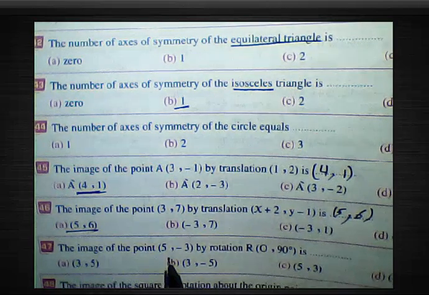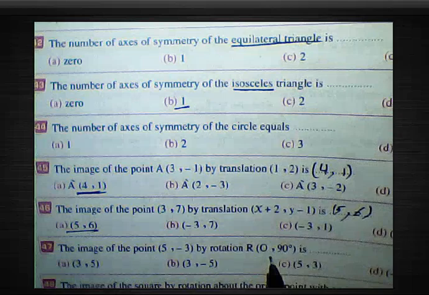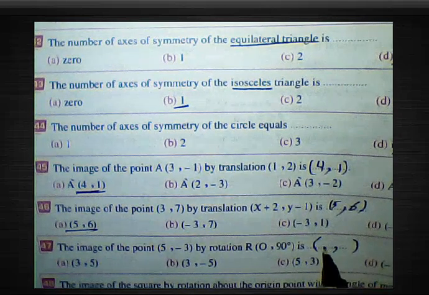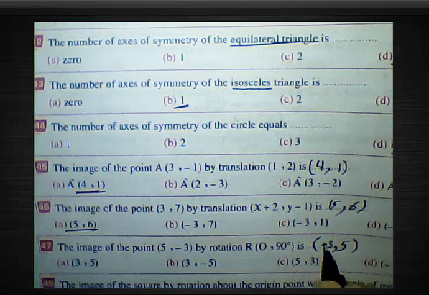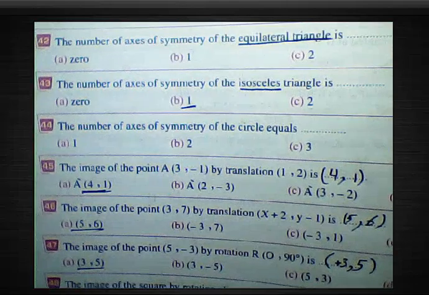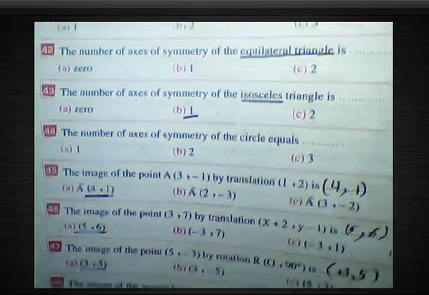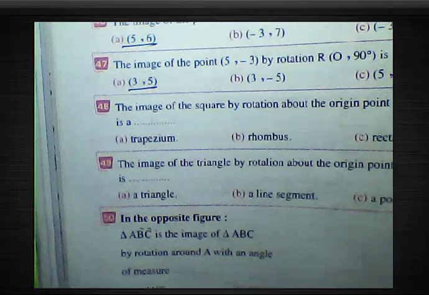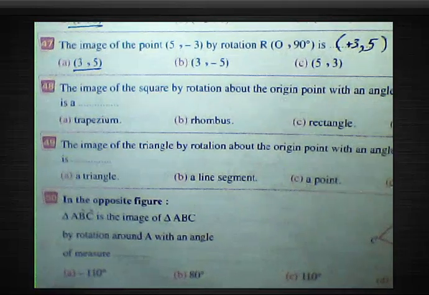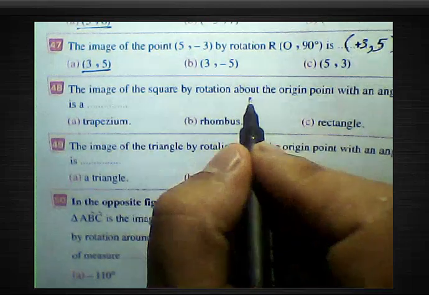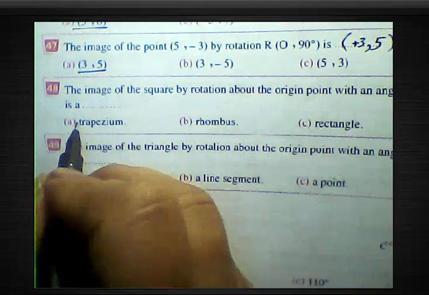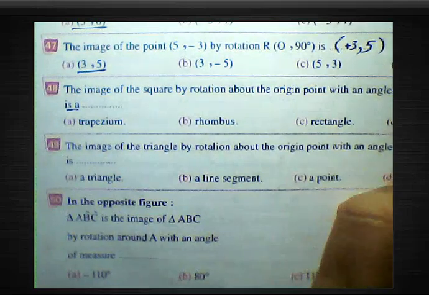The image of the point 5 and 3 by rotation 0 and 90. We must swap this point. It will be negative 3 and 5, and change the sign of the first. So the result will be negative 3 and 5, by rotation of 90 degrees. Okay, swap and change the sign of the first. The image of a square by rotation about the origin point with an angle of measure 90 degrees is a square.